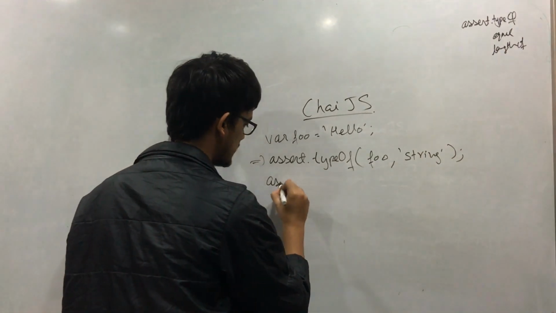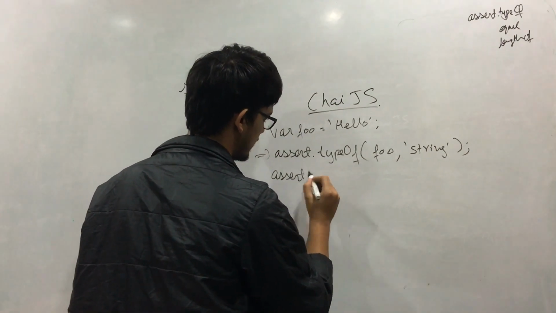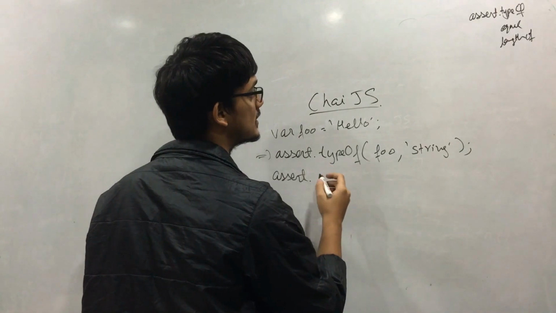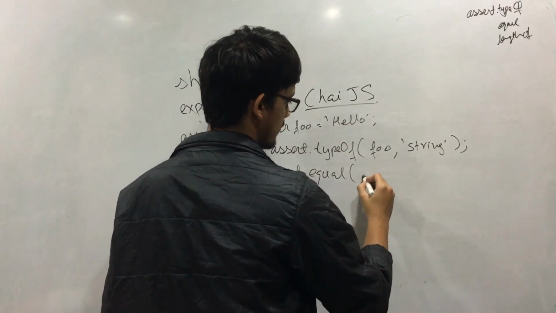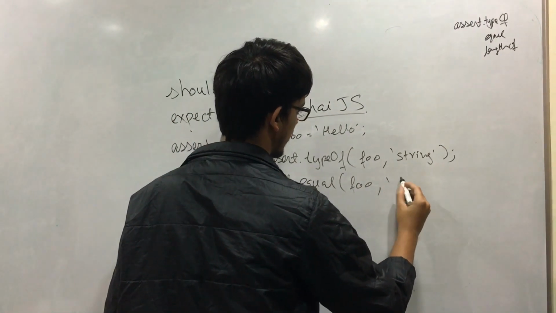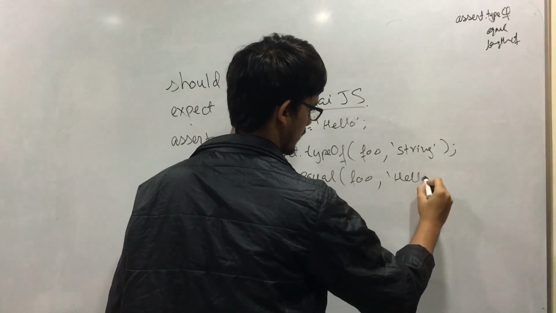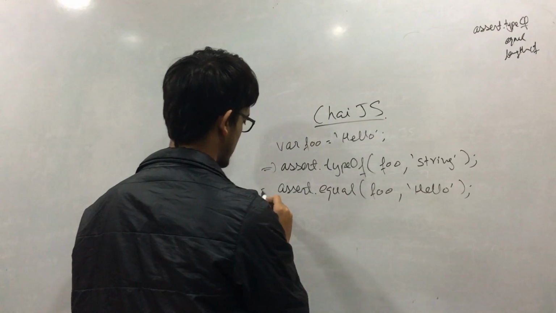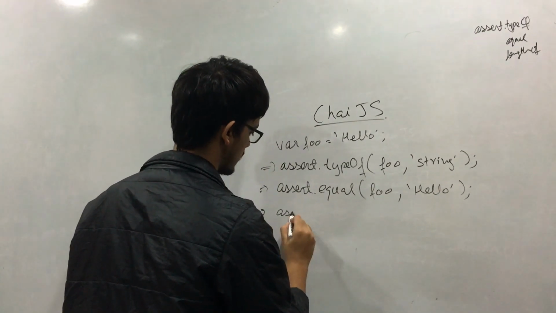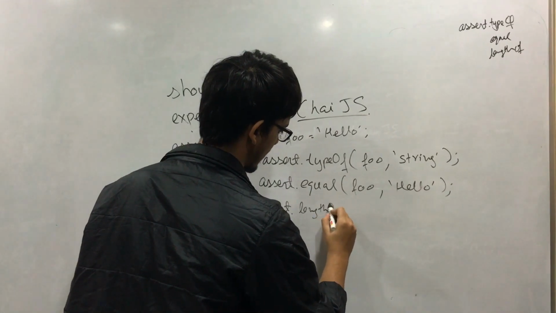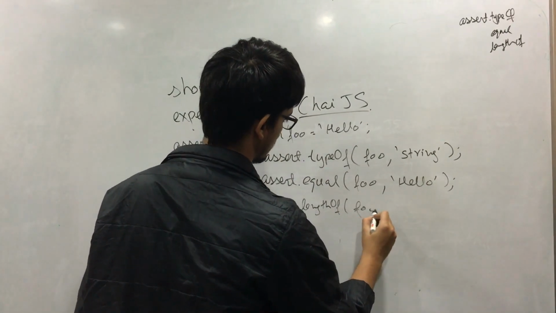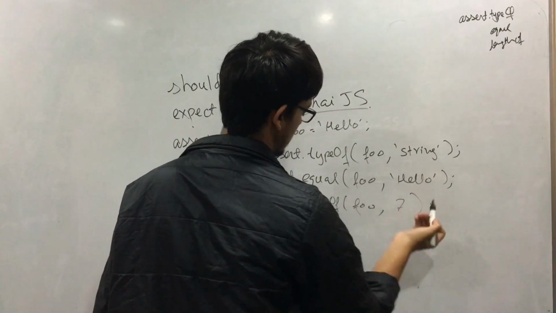Now you can also see in the documentation of Chai.js that there are many other APIs for testing with assert. Let's say assert.equal, where you can test two values. Foo should be equal to hello. Or there's another API, assert.lengthOf foo to be equal to 7.